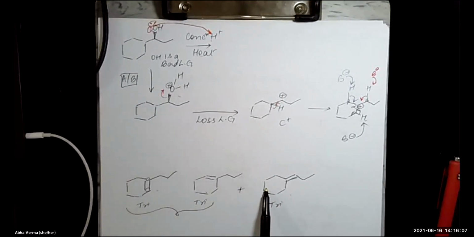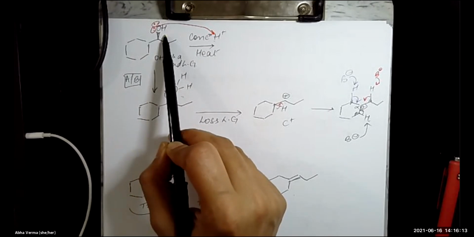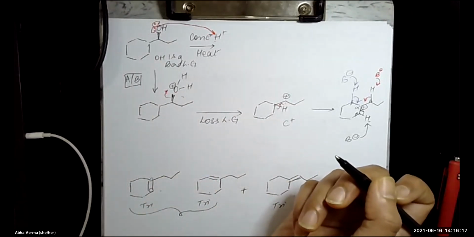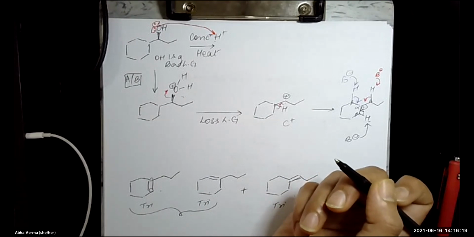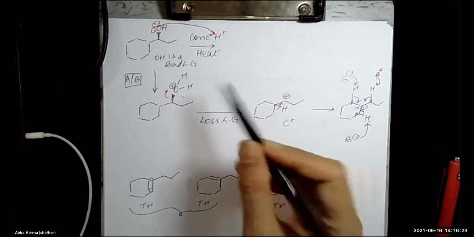If you have to choose only one kind, not within the ring, outside only, you have to convert OH into a good leaving group before you can actually think where this leaving group will go. Okay.